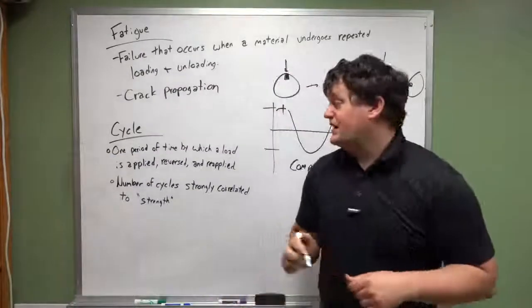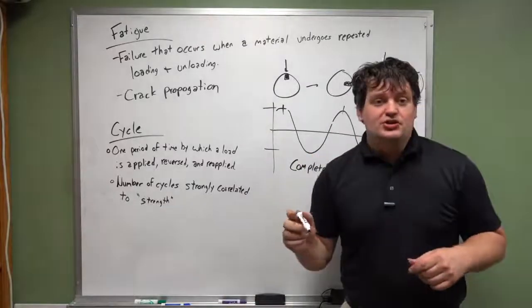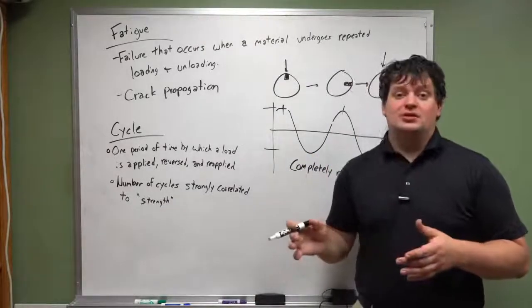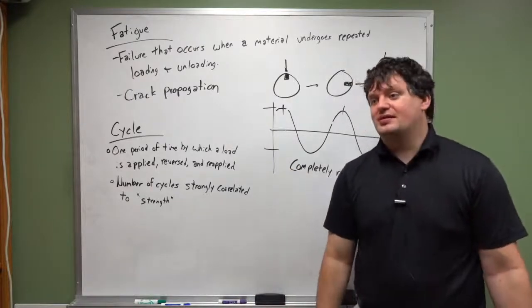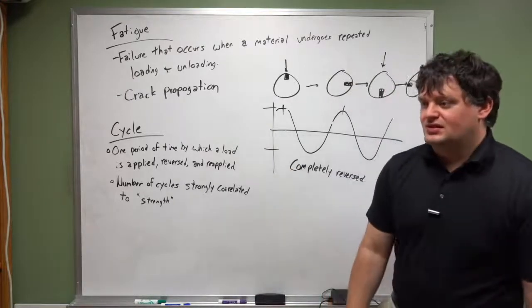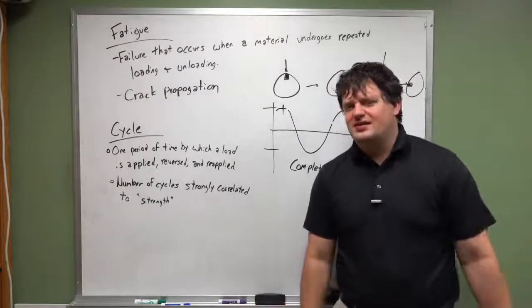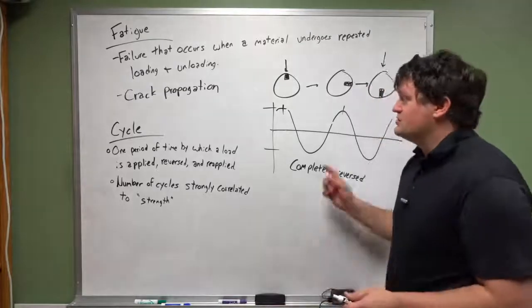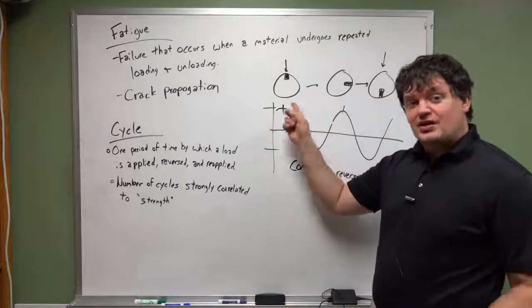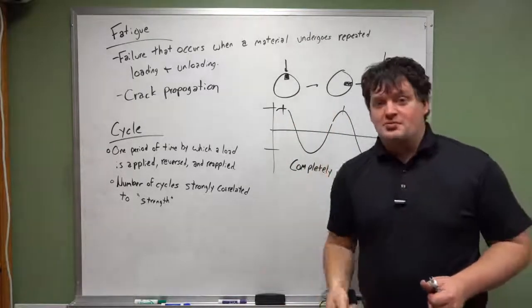There are some materials like an axle, your vehicle axle. Traveling 1 mile is something like 1,000 revolutions of your tire, which means 1,000 cycles just to travel 1 mile.